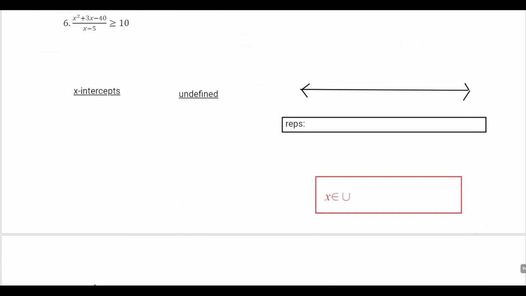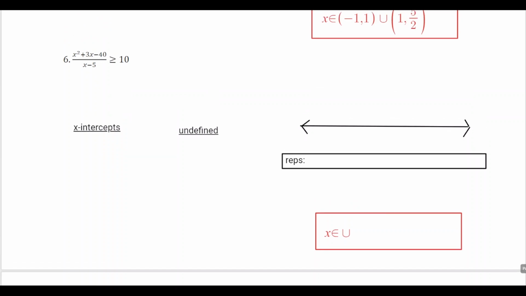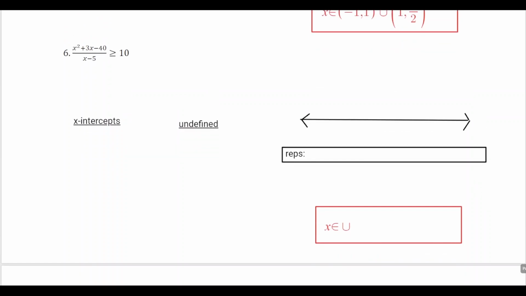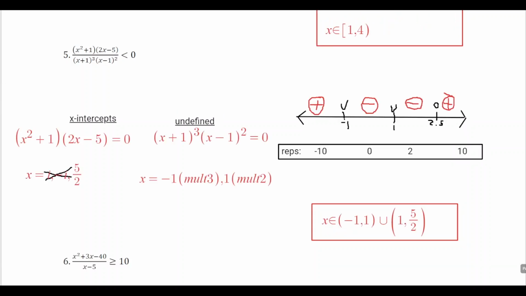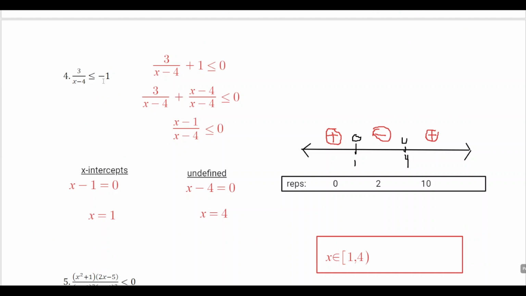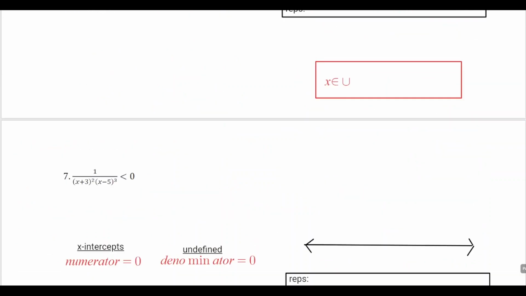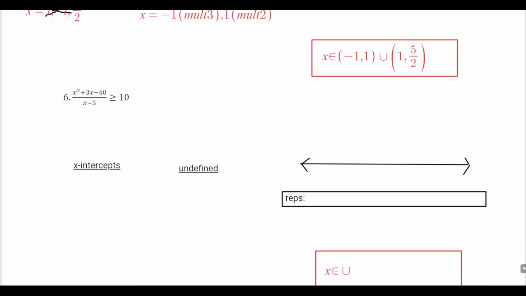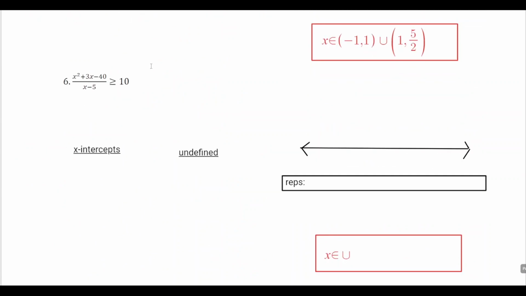All right, so for number 6, this one we don't have a 0 isolated on the right-hand side, so we're going to have to take care of that. Similar to how we did number 4. Okay, so just to go back to number 4 real quick, we had to add 1 on both sides and find a common denominator, and we're going to have to do that here as well. So I'm going to start by subtracting 10 from both sides here.